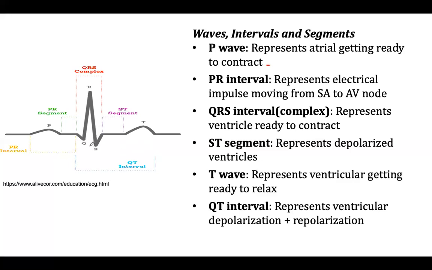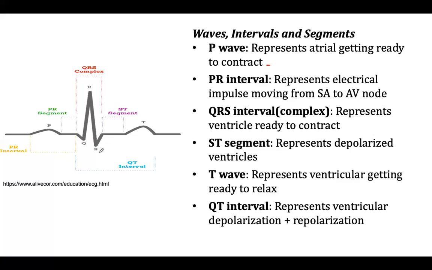But from this ECG, your electrical impulses are not demonstrated for the atrial relaxation, because when the atria is about to relax, your ventricles are about to contract. So both of those are happening somewhere here. But because the QRS is a much larger complex, it overshadows the atrial relaxation. So don't look for it, it shouldn't be present.